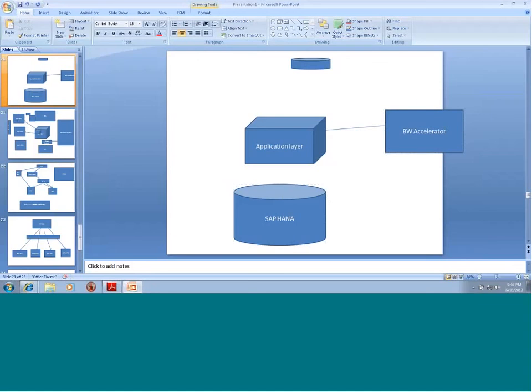Similar to a HANA database, it also does memory computing. But there are a lot of drawbacks with this system. So they are trying to eliminate this BWA, and instead of using a BWA system, they want BW to now talk to HANA and get much better performance. So that's what is happening.